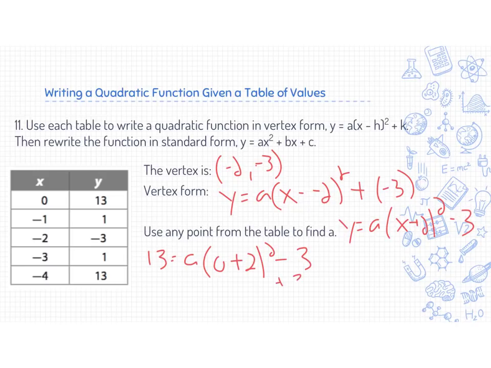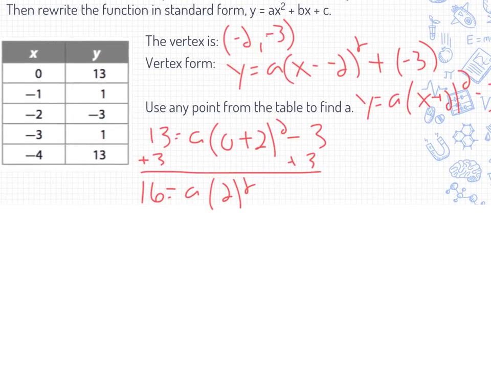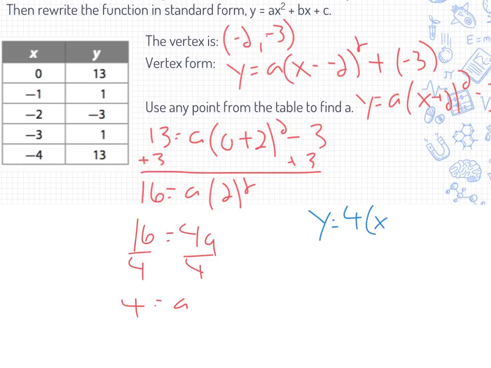If I add that 3 over, we get 16 equals a times 2 squared. 2 squared is 4. Divide by 4, and a equals 4. So then we get y equals 4 times x plus 2 squared minus 3.